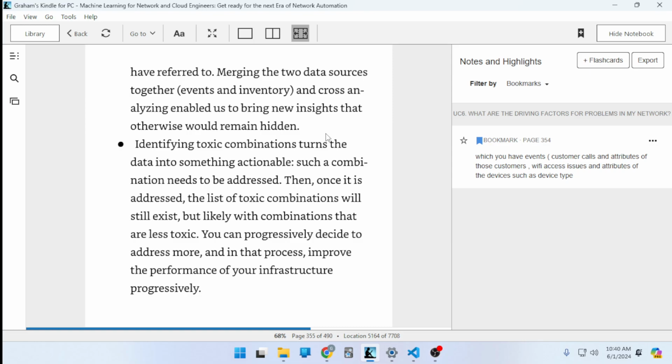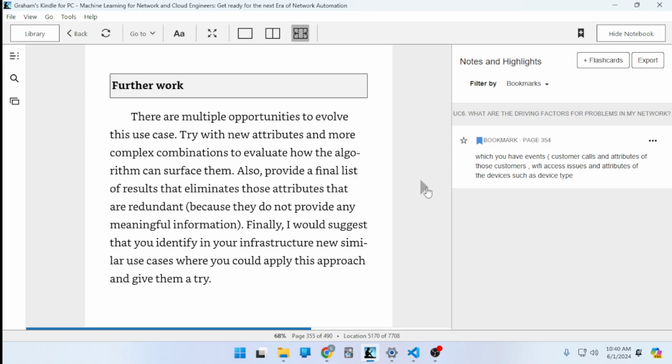Identifying toxic combinations turns the data into something actionable. Such a combination needs to be addressed. Then, once it is addressed, the list of toxic combinations will still exist, but likely with combinations that are less toxic. You can progressively decide to address more, and in that process, improve the performance of your infrastructure progressively.